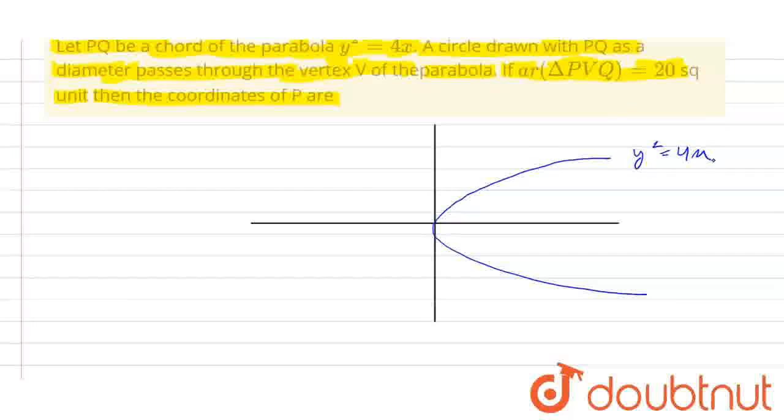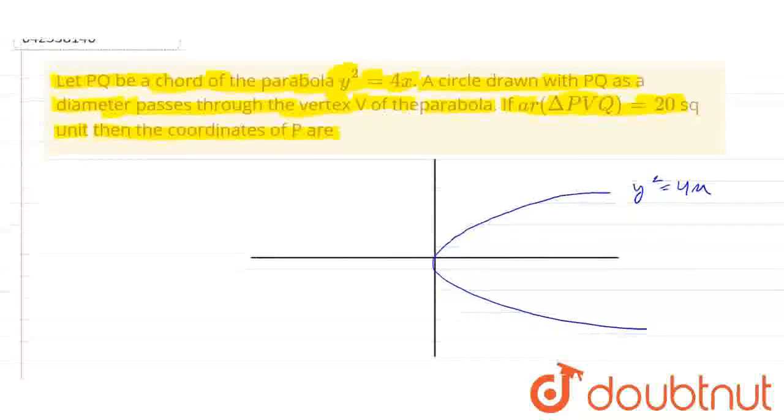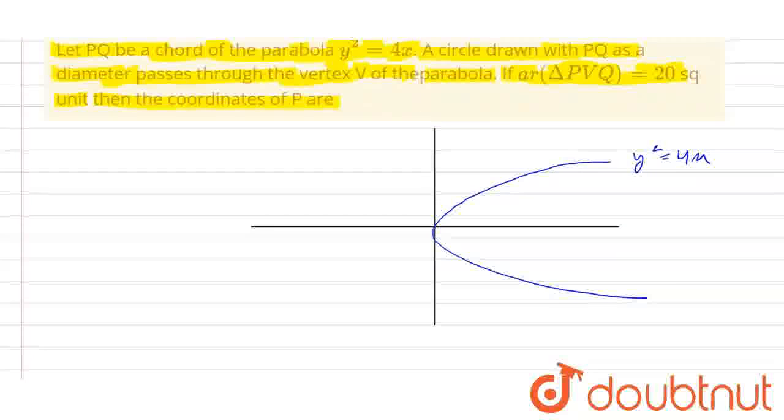Now it is saying that PQ is a chord of the parabola. Let this be the chord, this point be P and this point be Q. Now we have to draw a circle taking PQ as the diameter.